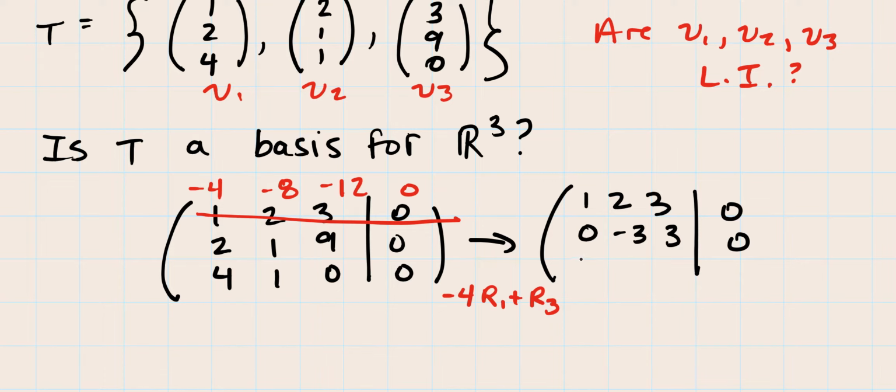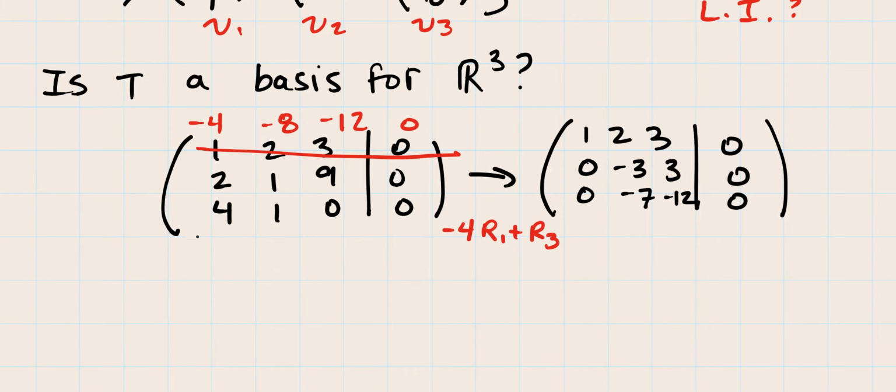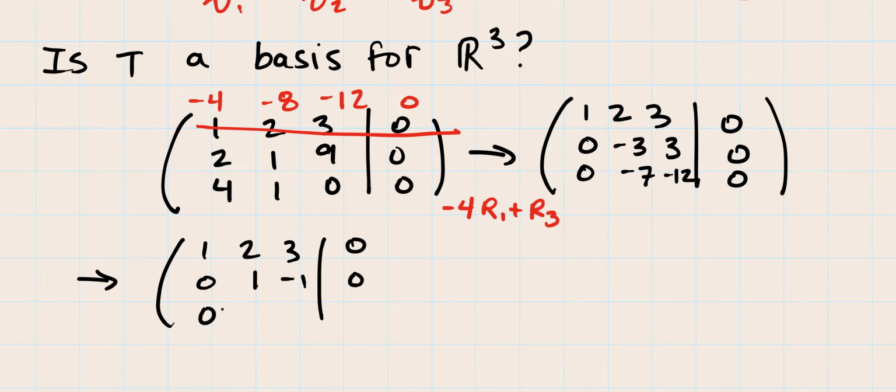And we get 0, -7, -12, 0. The next thing I'm going to do is divide this row by -3. And I can also divide this row by -7, but I'm going to leave this at -7, -12, 0.